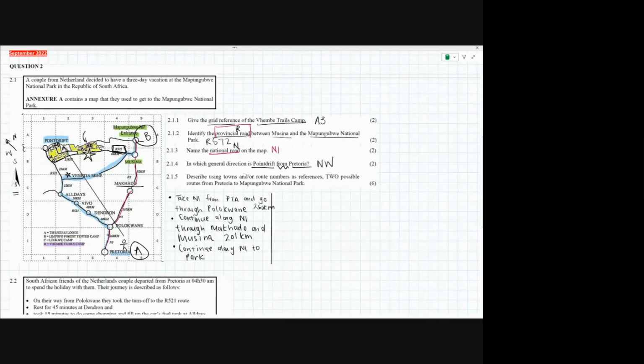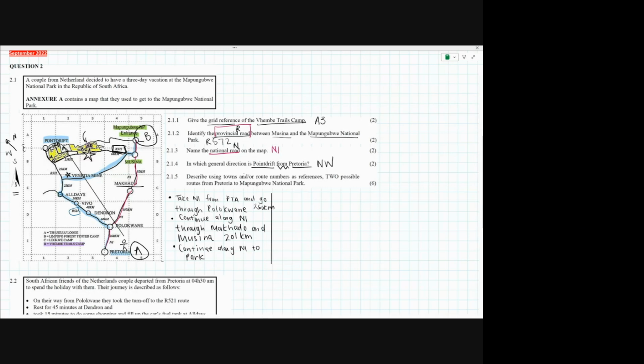So again, from Pretoria to Polokwane, travel along the N1, travel 60 kilometers along the R521 to Dendron, another 40 kilometers to Vivo, and then another 50 kilometers to All Days.